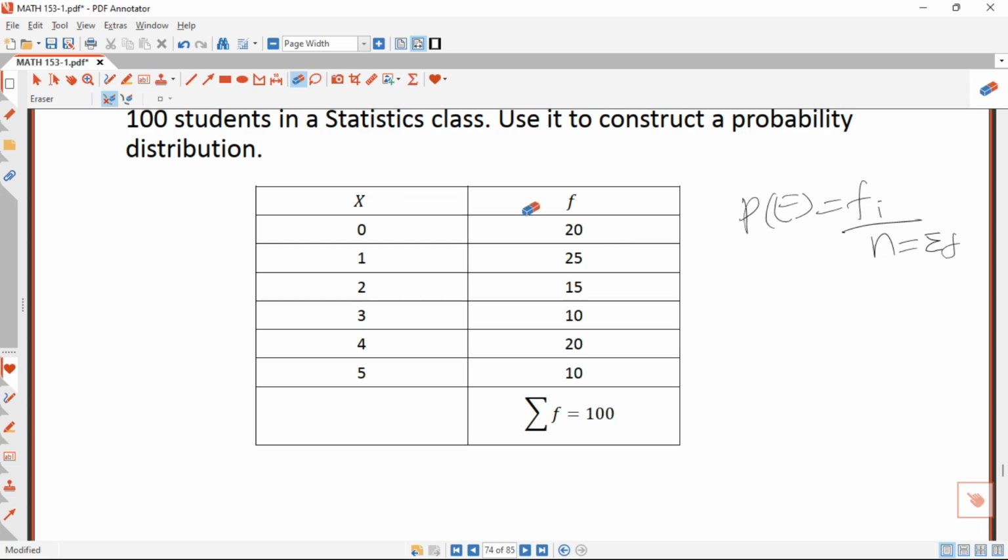So the probability that x is equal to 0 is going to be 20 divided by 100, which gives 0.2, right? And then for the probability that x is equal to 1, you are going to get 25 divided by 100, because it's the f i divided by the total, and the total here is 100.